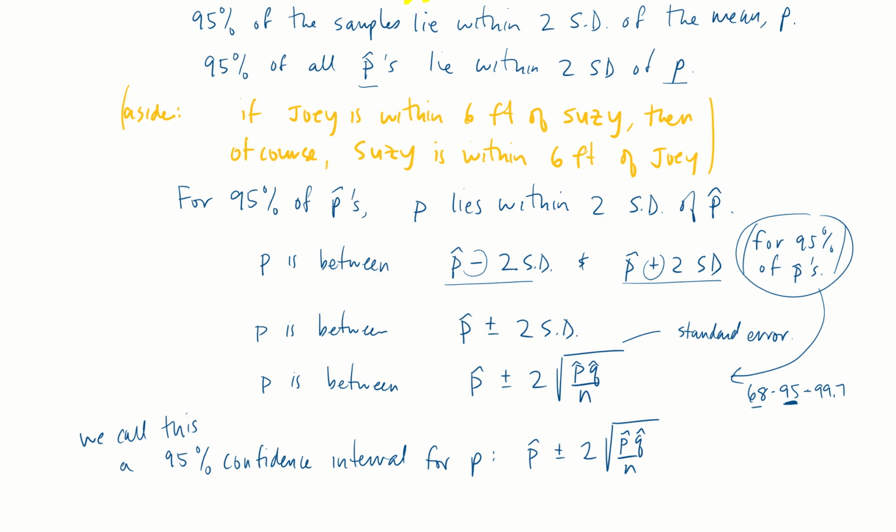Remember, this is 68% within 1 standard deviation, within 2, within 3. It's really 95% within 1.96 standard deviations. That's really close to 2, so that's why we use 2. We're just using this for an estimate anyway, but we want to try to be a little bit more precise.